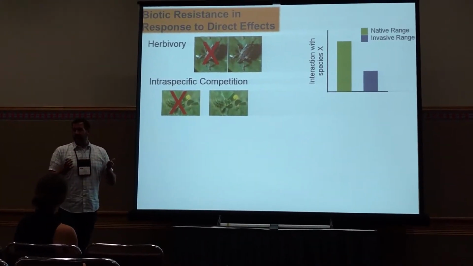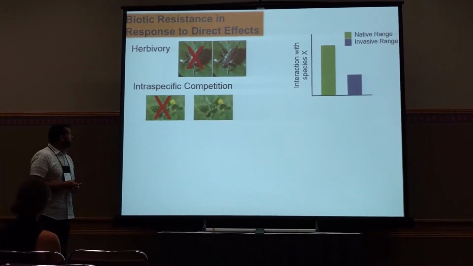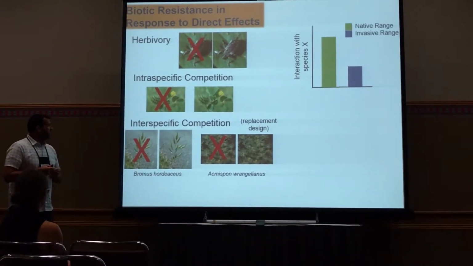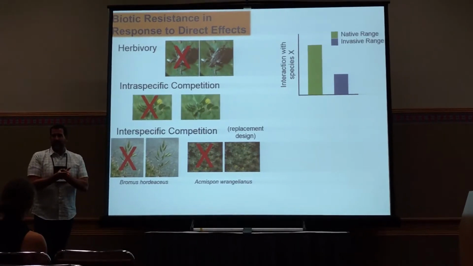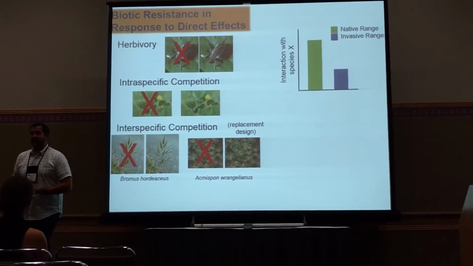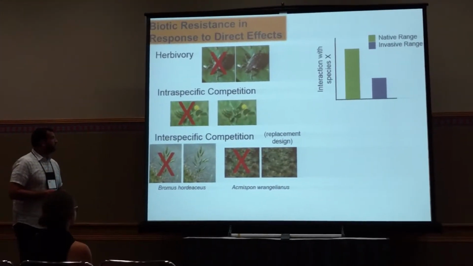And so they're just experiencing competition from usually the same genotype. We've looked at interspecific competition with a replacement design. So either we're looking at plants growing with conspecifics or plants growing with some other competitor. We've looked at grass, an invasive grass in California that's a common competitor, and another legume as well.